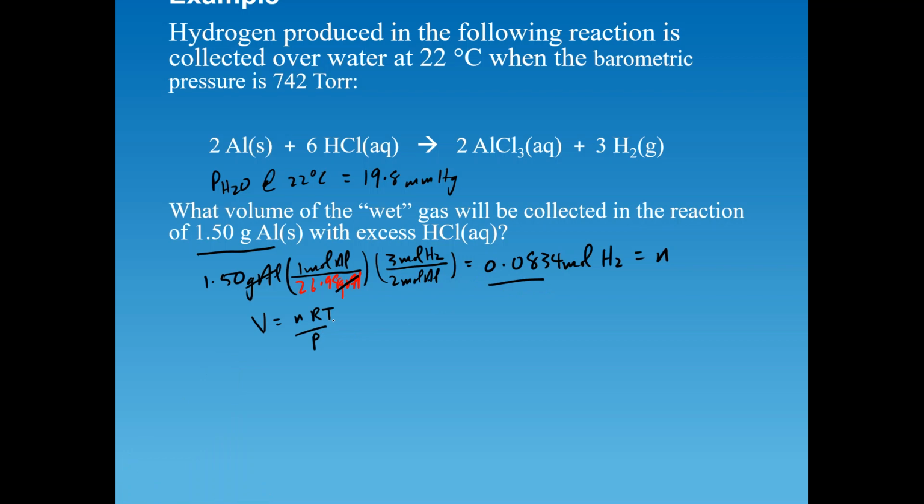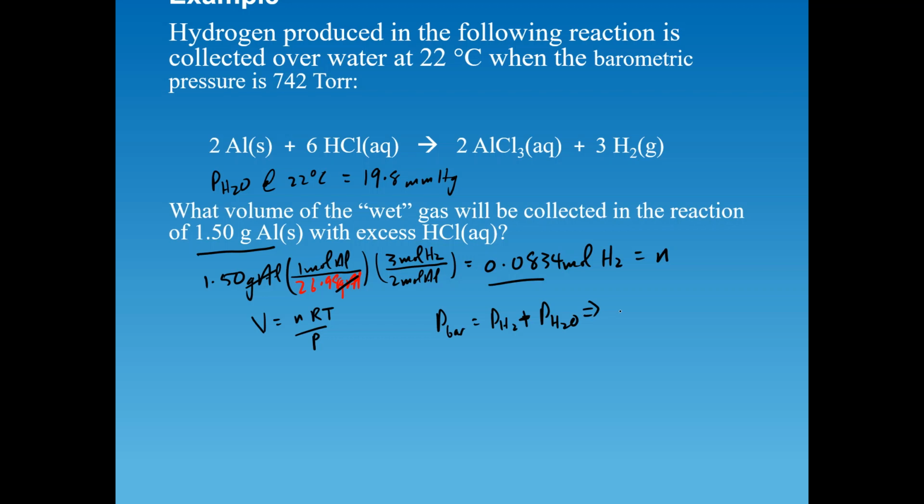The temperature, we know what that is because that is 22 degrees Celsius. What we do not know is the pressure of the hydrogen. Now, remember, the hydrogen is collected over water, right? So therefore, the barometric pressure would be equal to the pressure of the hydrogen minus the vapor pressure of the water. I'm sorry, not minus, plus the vapor pressure of the water.